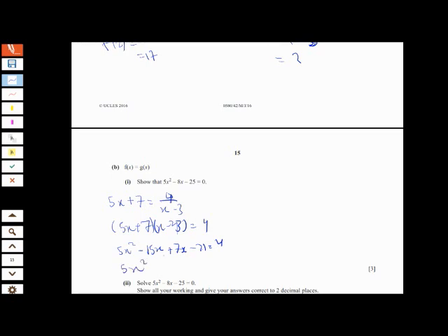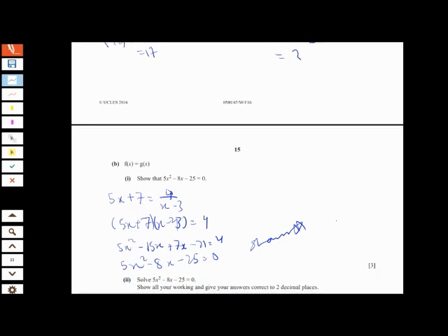So you simplify: 5x squared minus 15x plus 7x is negative 8x, and minus 25, because you're going to take 4 to the other side, it will be 25. So, shown.